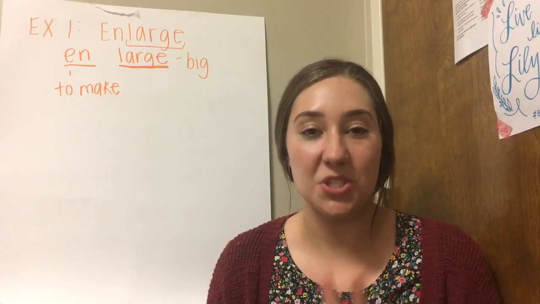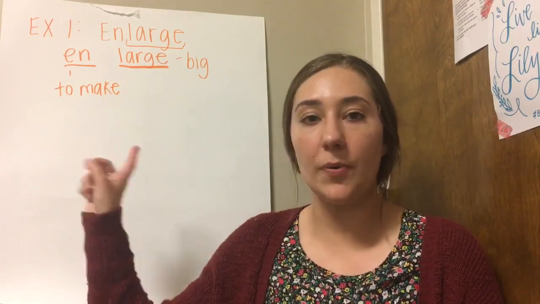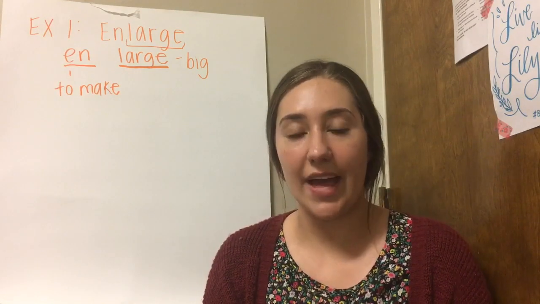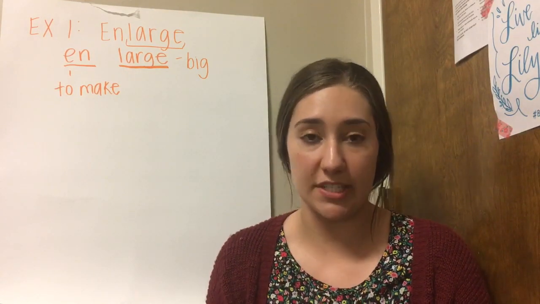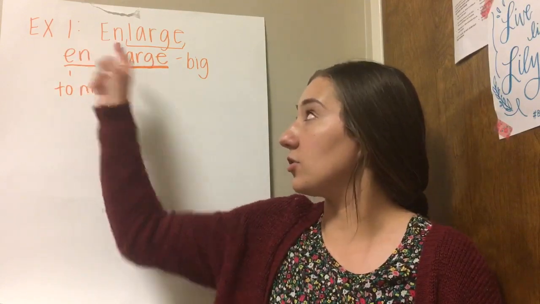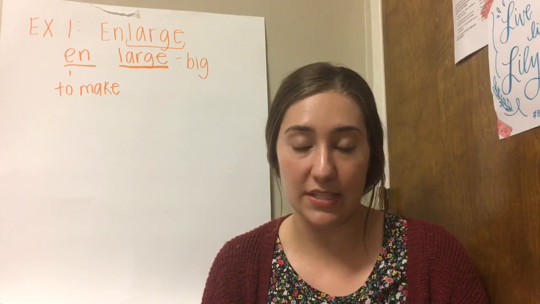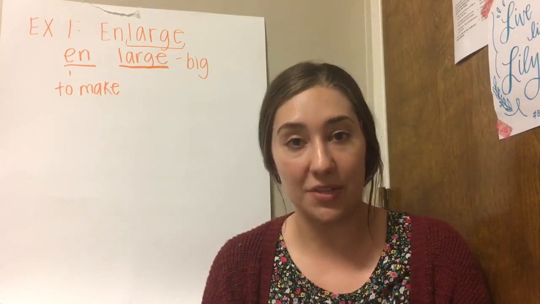In this article, they did 2 separate studies. And in the first study, they used this example to help work on the strategy that we had just talked about. So they asked the students to find the word that they were struggling with. That's our first step, which is isolation. So they saw enlarge. There were 6 students and none of them knew what the word enlarge meant. They took the root word, large, and they asked the students to write down what they think that means.